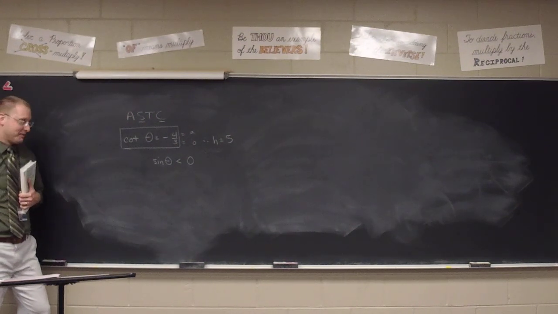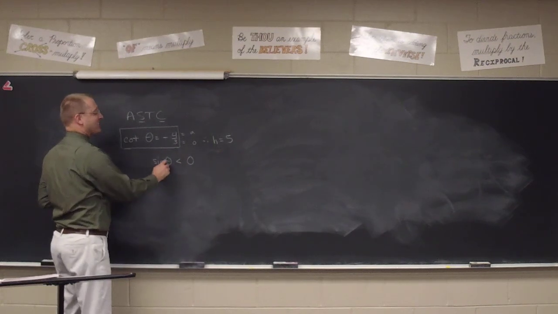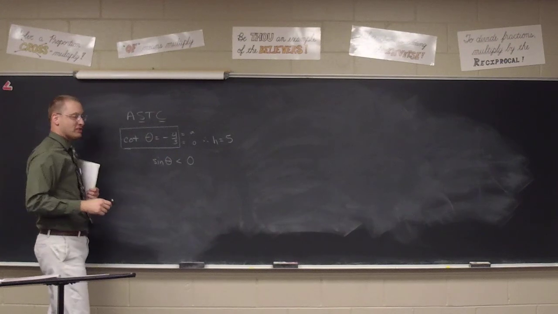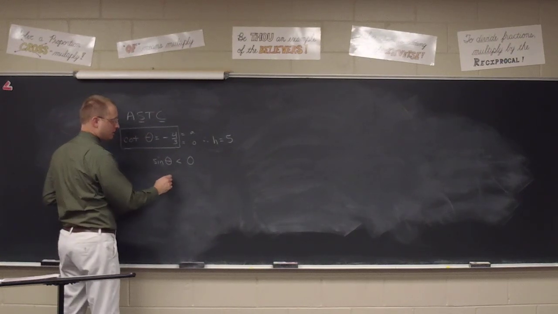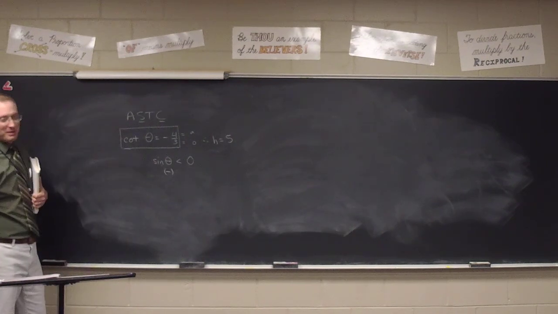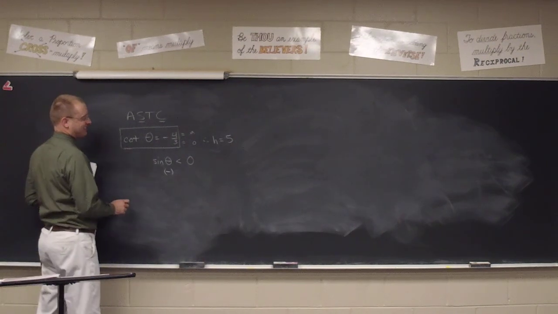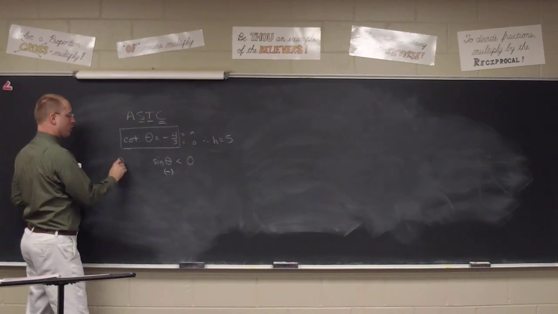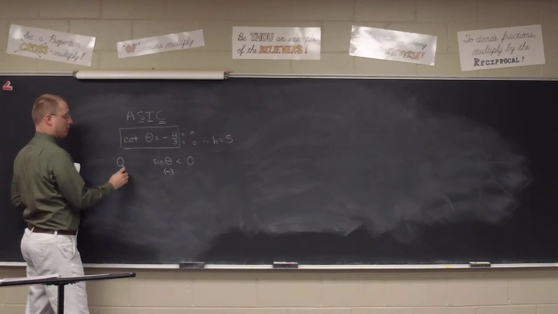Less than. So sine is less than 0, which means sine is negative. And if sine is negative, we're in quadrant 3 or 4, which means evidently we are in quadrant 4.